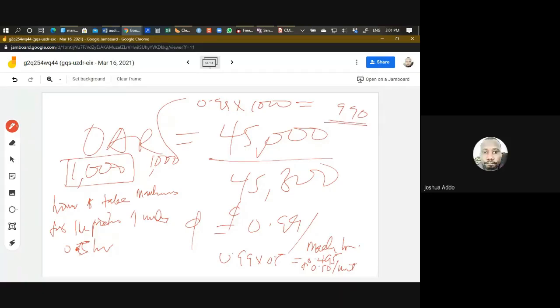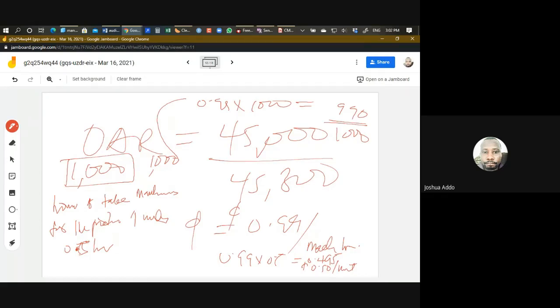So this 990 is the total overhead charge for producing all the units of that product. Now, this cost divided by 1,000 will give you the overhead charge per unit.